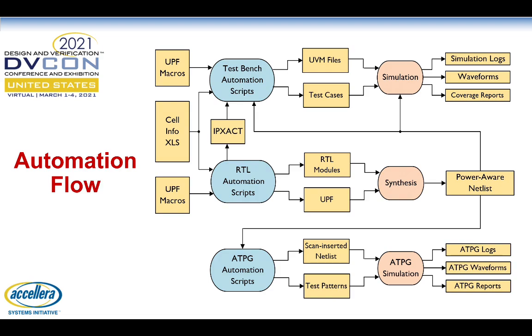Coming to the flow of automation, we have developed scripts to generate all of the intermediate RTL modules, the UPF, the IPExact XML, and the all-encompassing power-aware gate level netlist. A suite of test cases are also auto-generated for simulation-based verification on this netlist.